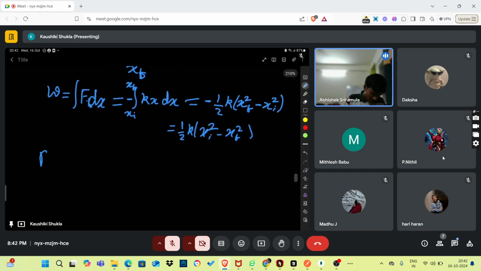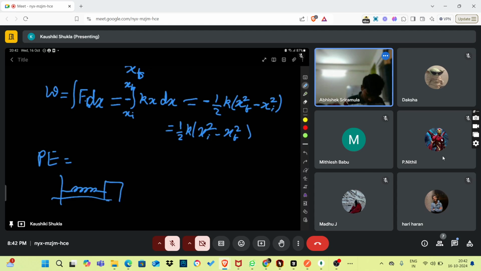Now what is the potential energy of a spring? Let's say a body is initially at natural length, and it is expanded to some extension. This is the natural length.